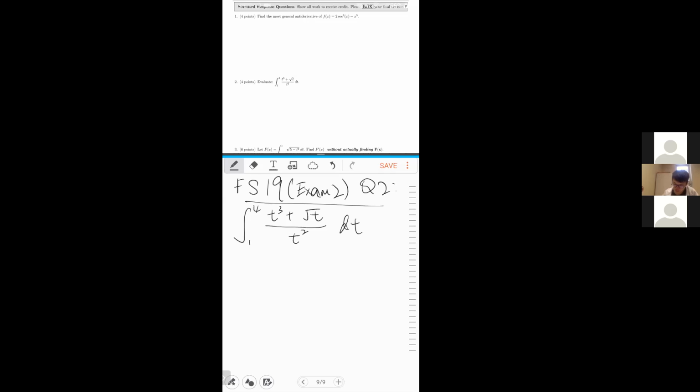You have the integral from 1 to 4 of 3t cubed plus root t over t squared. The first step is to split the function into two parts, like this.